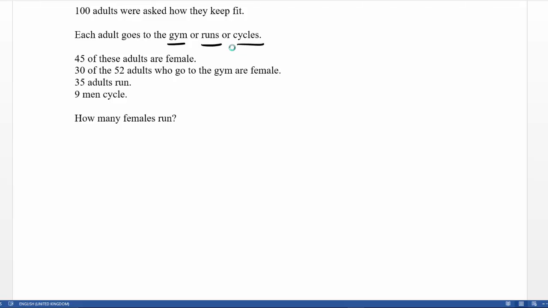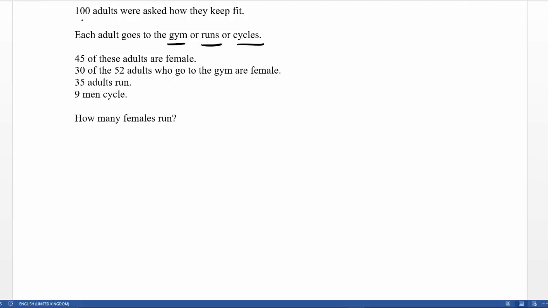It says here 45 of these adults are female. 30 of the 52 who go to the gym are female. 35 adults run, doesn't tell us what sex they are, and 9 men cycle. How many females run? That's what we need to find out.